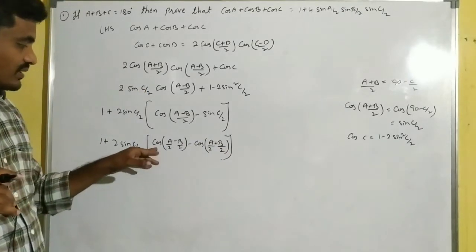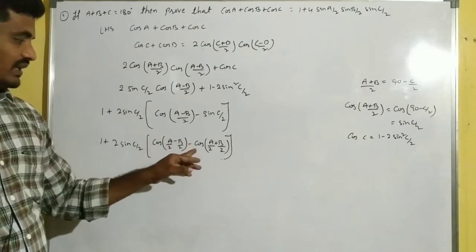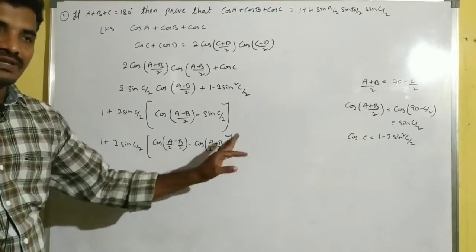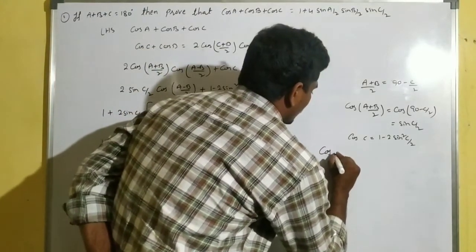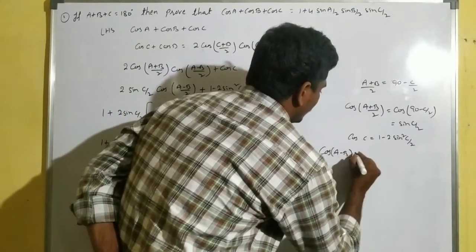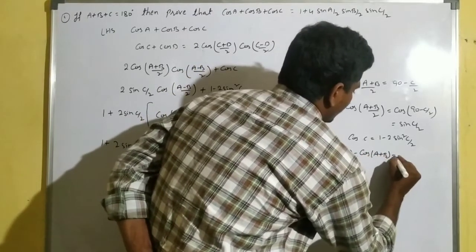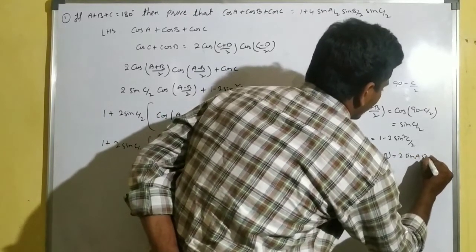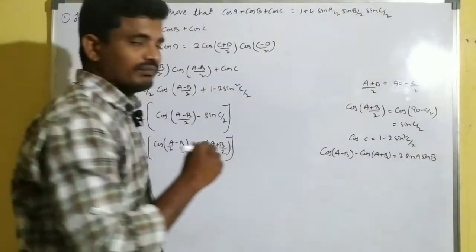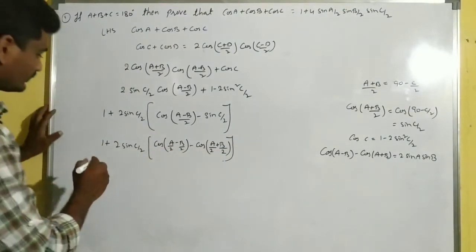Now it is like cos A minus cos B minus cos (a plus b) form. So I am going to write one formula here: cos (a minus b) minus cos (a plus b) equals 2 sin a sin b. That form I am going to use here.